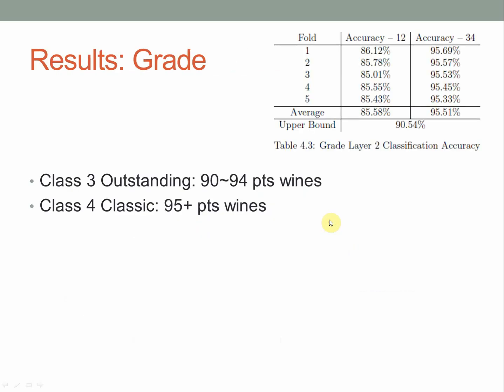Therefore, in our previous chapter, we tried to make predictions for the y's that receive scores above 90.